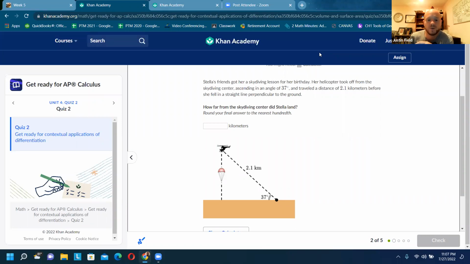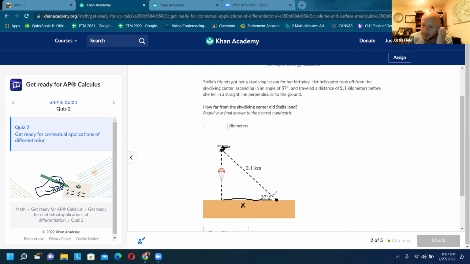Oh, so we just want to find the bottom side here. So let's not forget SOHCAHTOA, right? So what are we going to use? We have our hypotenuse. We want our adjacent. Let's use cosine. And we have degree measure. So let's make sure our calculator's in degree mode.